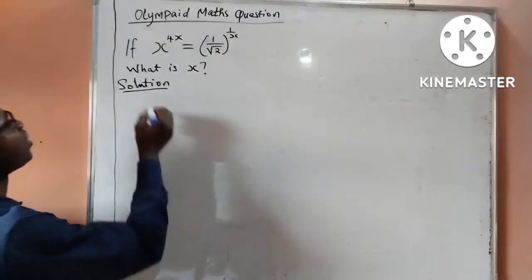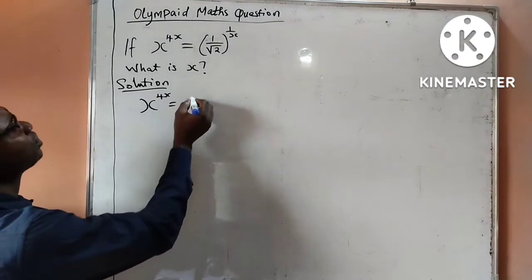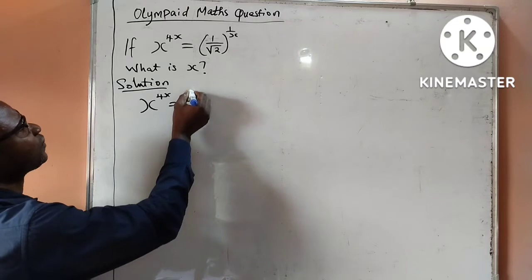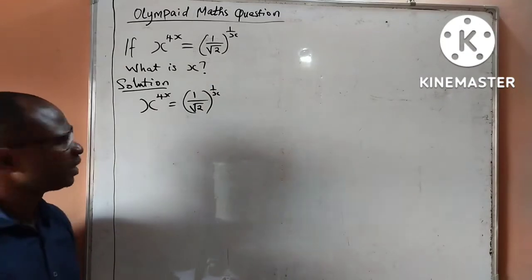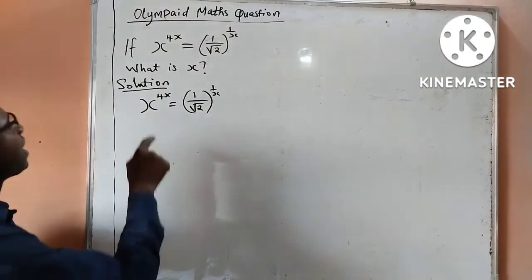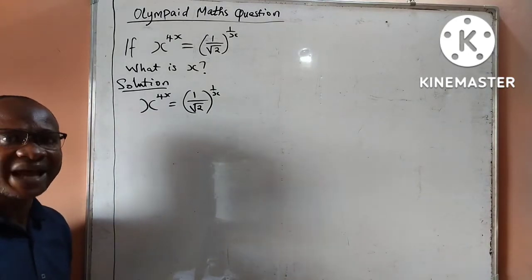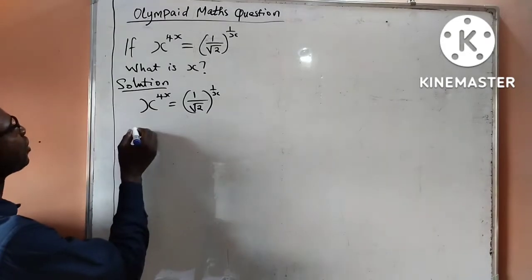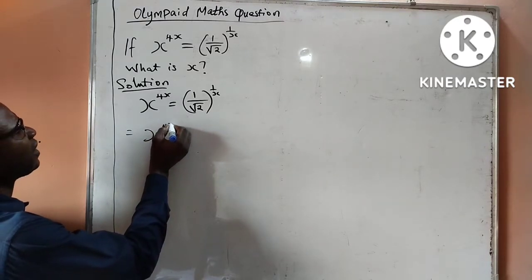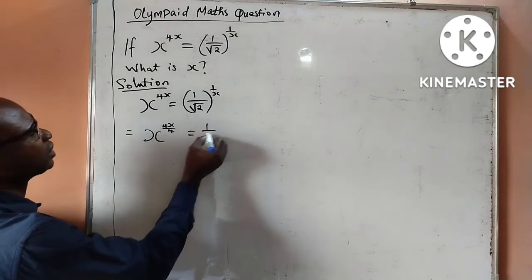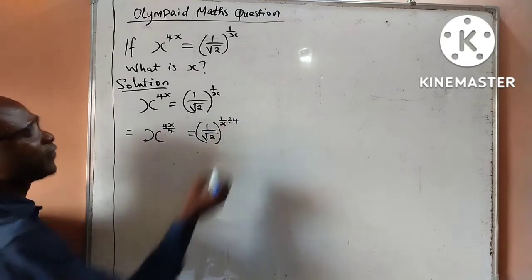we are given x raised to the power 4x equal to 1 all over square root of 2, everything raised to the power 1 over x. We begin. First and foremost, I want us to remove this 4, and to remove that 4, we divide both sides by 4, and that is going to give me x raised to the power 4x over 4 equal to (1 all over square root of 2) all raised to the power 1 over x divided by 4.